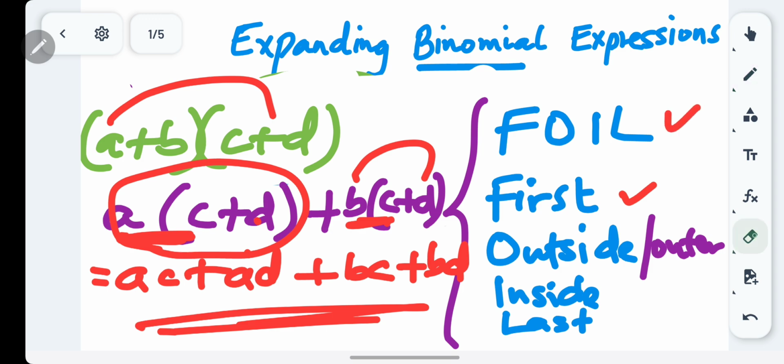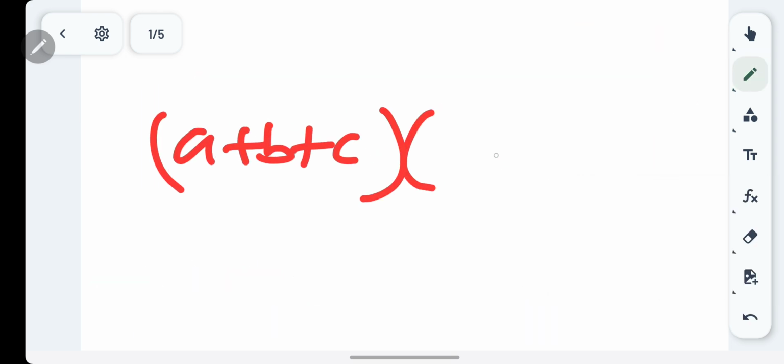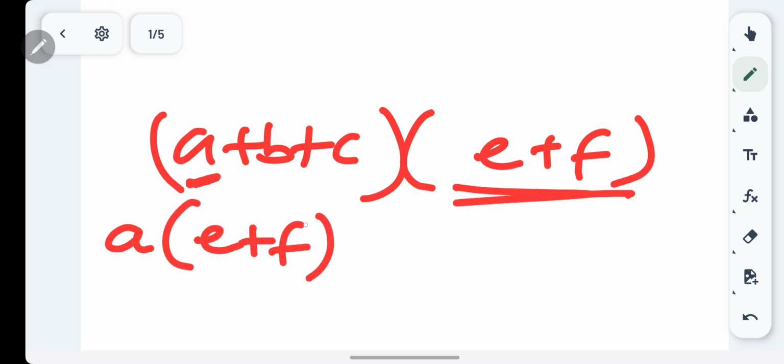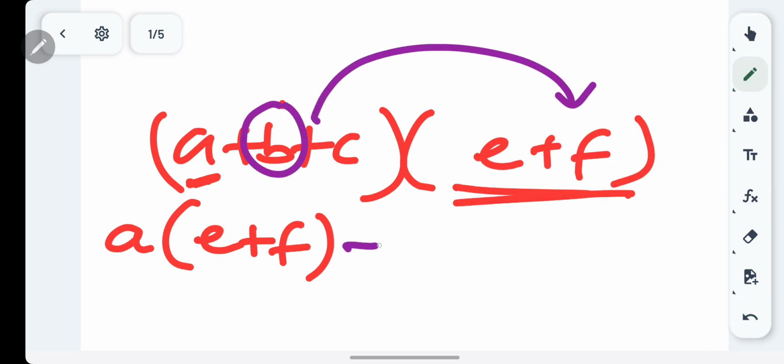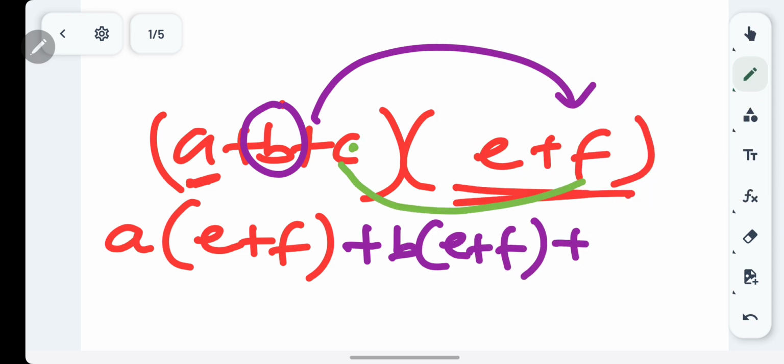However, you can be given three terms, like A plus B plus C multiplying E plus F. Here, the FOIL method will not work. So stick to the second method, where the first number A will multiply everything in the second bracket, E plus F. Then you take the second number B, which will also multiply everything in the second bracket, E plus F. Plus, you take the third number, C, which will also multiply everything in the second bracket.